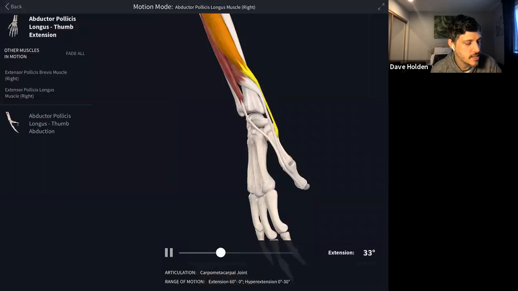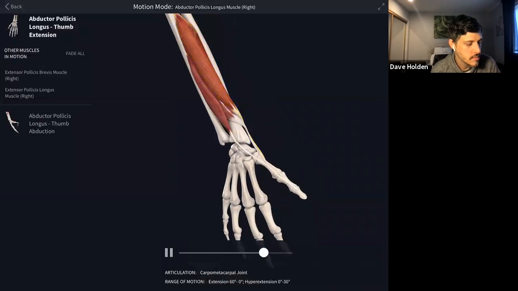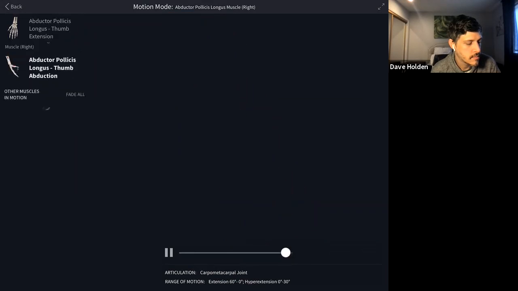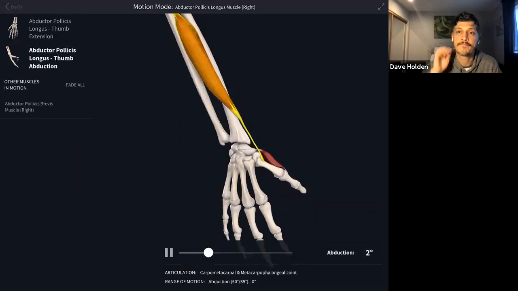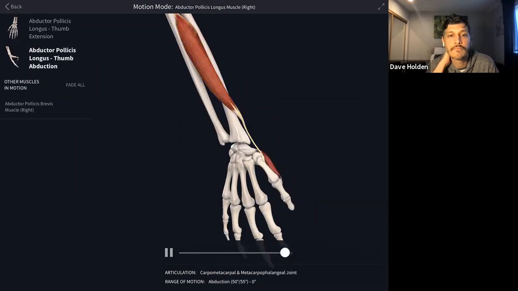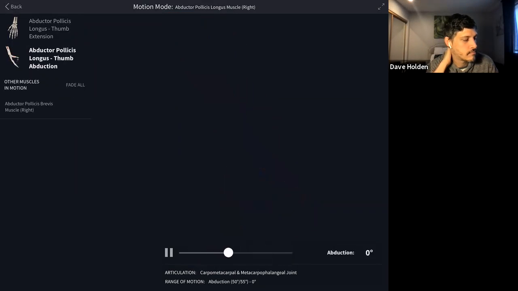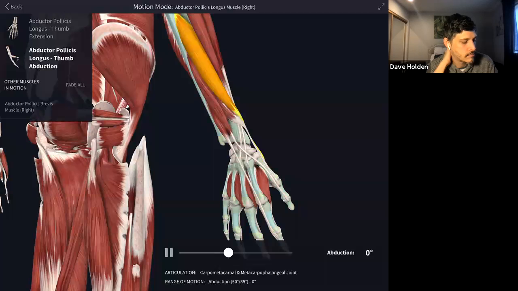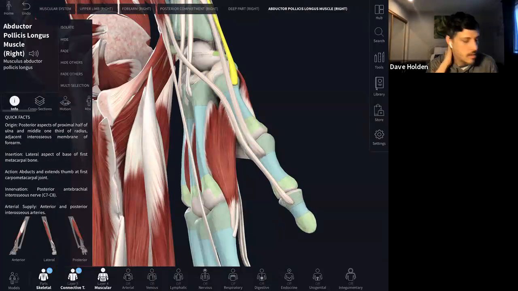It will do thumb extension and abduction. And there we do have it, folks.